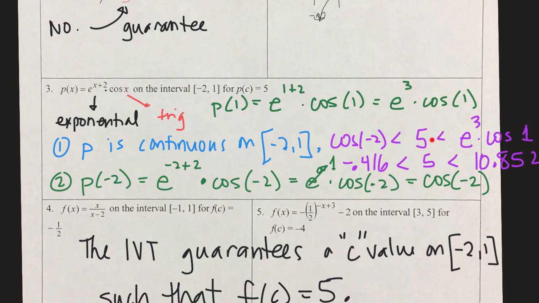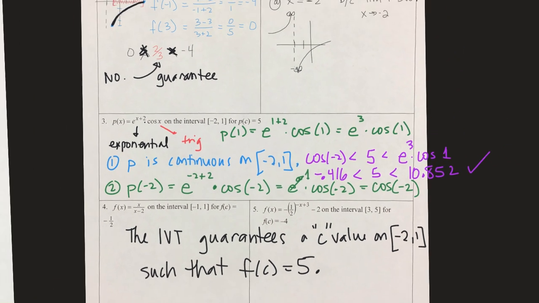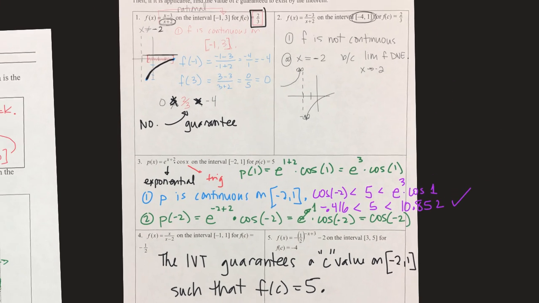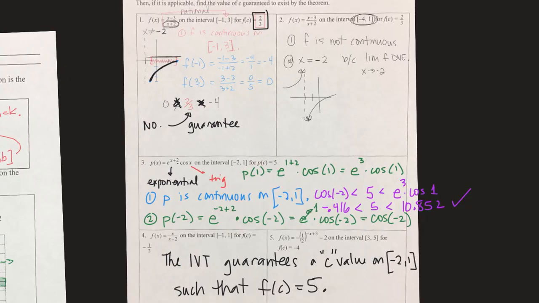So yes, 5 is in between there, which means the IVT does guarantee that there's a number between -2 and 1 where that y value comes out to be 5. So that's how we're going to use the intermediate value theorem to prove the existence of a number.